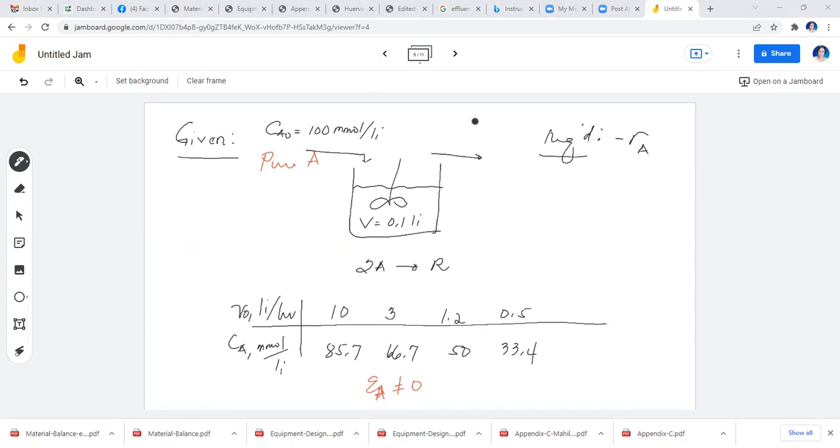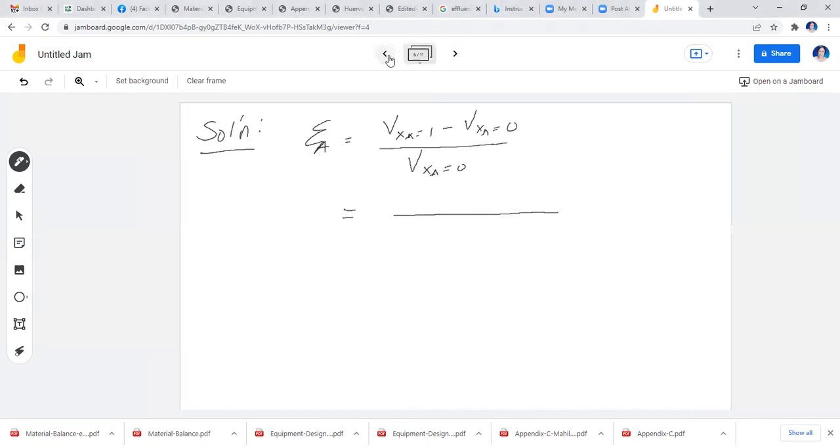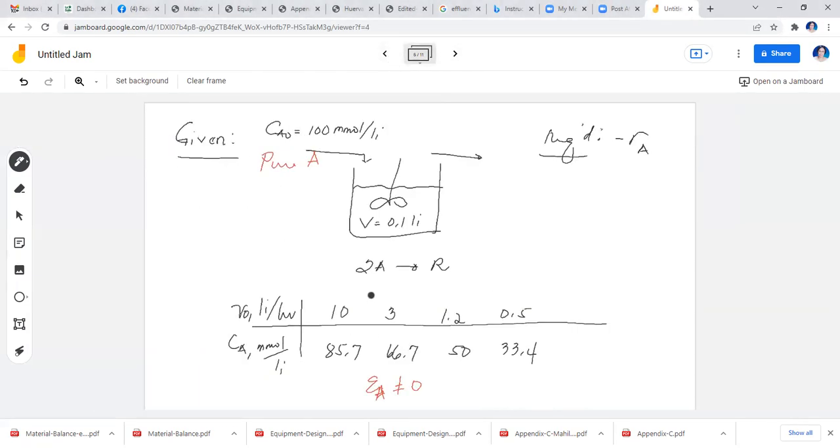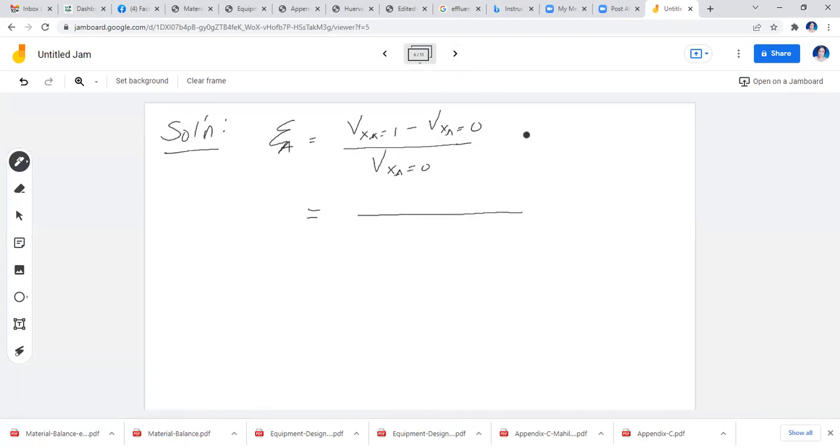Okay, so there's somebody who wrote in the chat box: stoichiometry. Okay, if it's based on stoichiometry, that is correct, Albert. Then how are we going to determine our fractional change in the volume? This is your stoichiometric equation, 2A forming 1 mole of R. So how do we determine epsilon A, Albert?